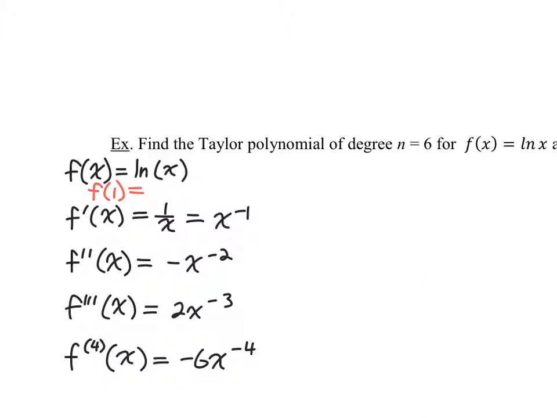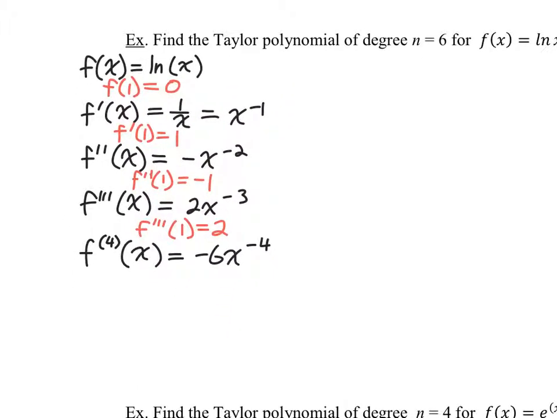Centering around 1 is the choice because of that first reason, but also because it's going to give us a great degree of convenience. Because the natural log of 1 is equal to 0. f prime of 1 would be 1. f double prime of 1 is going to be negative 1. f triple prime of 1 is going to be 2, because all of those x's are going to basically cancel away.